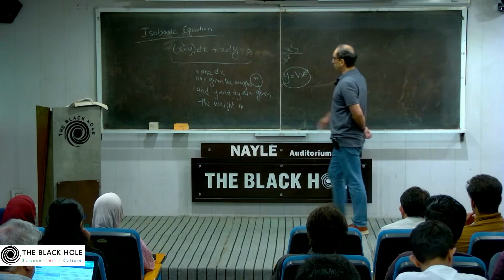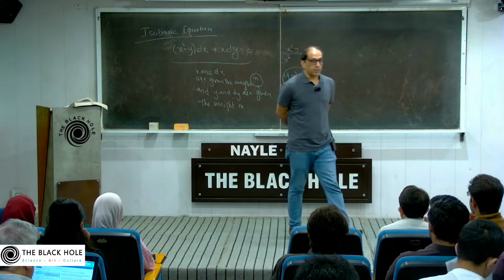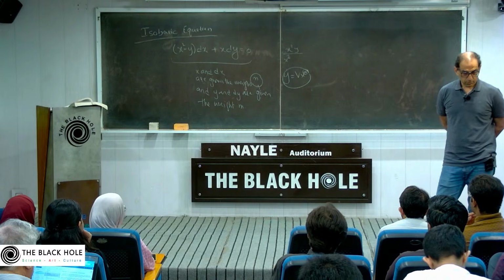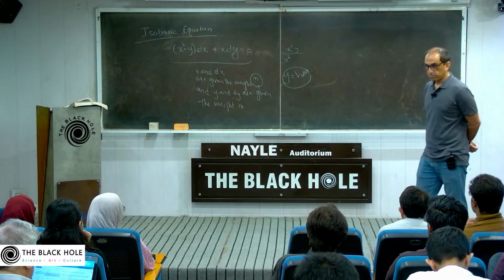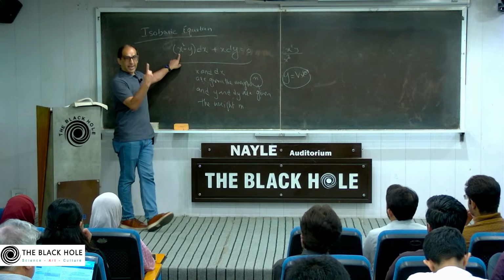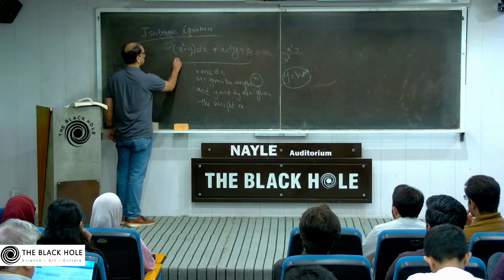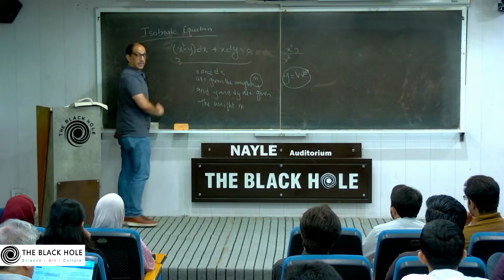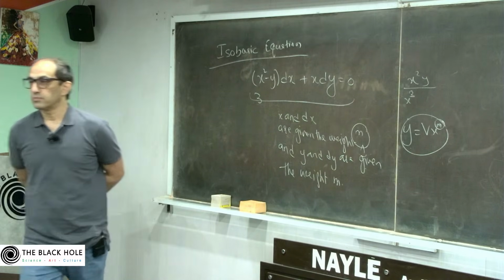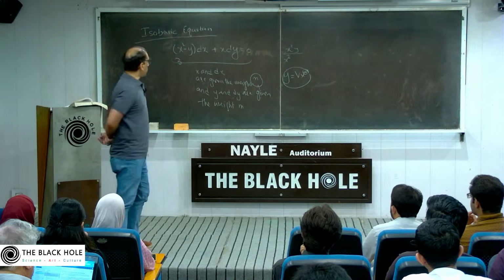So if I use weight 1 for x and dx, then what will x squared dx give me? 2 plus 1, right? Because 1 for x dx, the 1 plus 1 is 3. y dx would be, y is m, m plus 1, good.